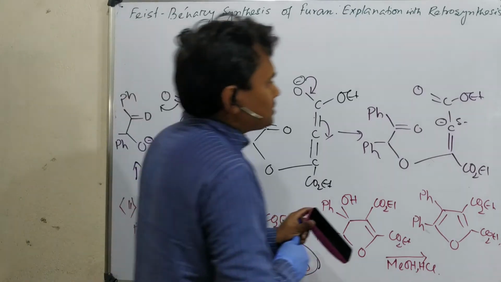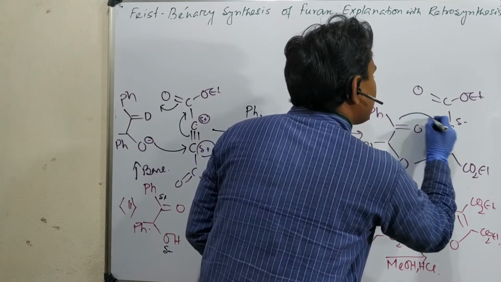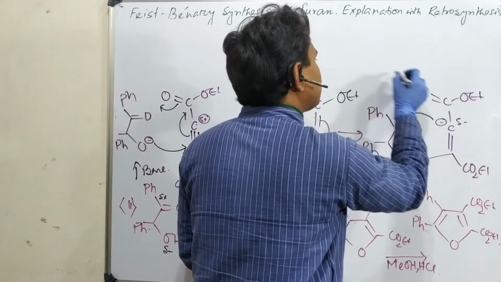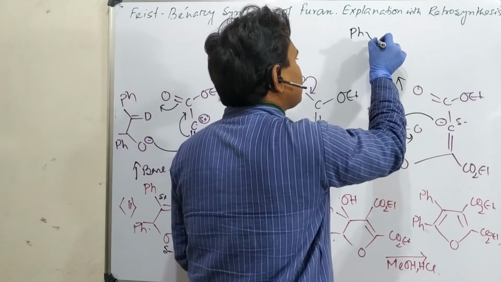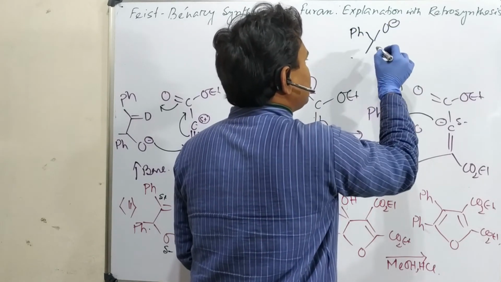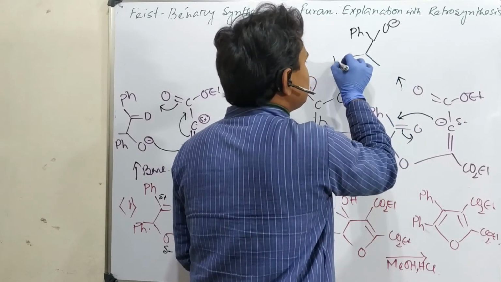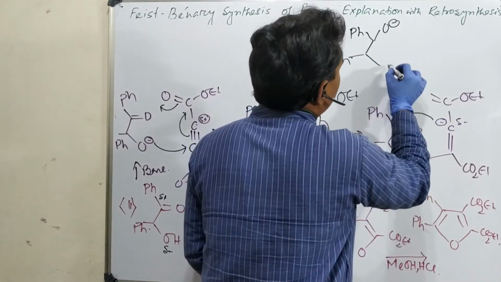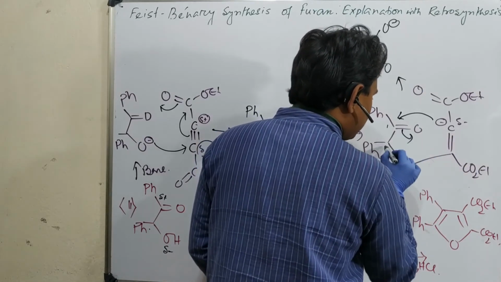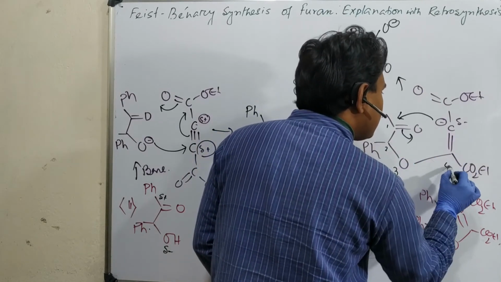Okay, so what happens? Now this attacks, and it opens up this. So what is the product? Ph, oxygen O minus, this is the Ph O. Now check the numbers 1, 2, 3, 4, 5.